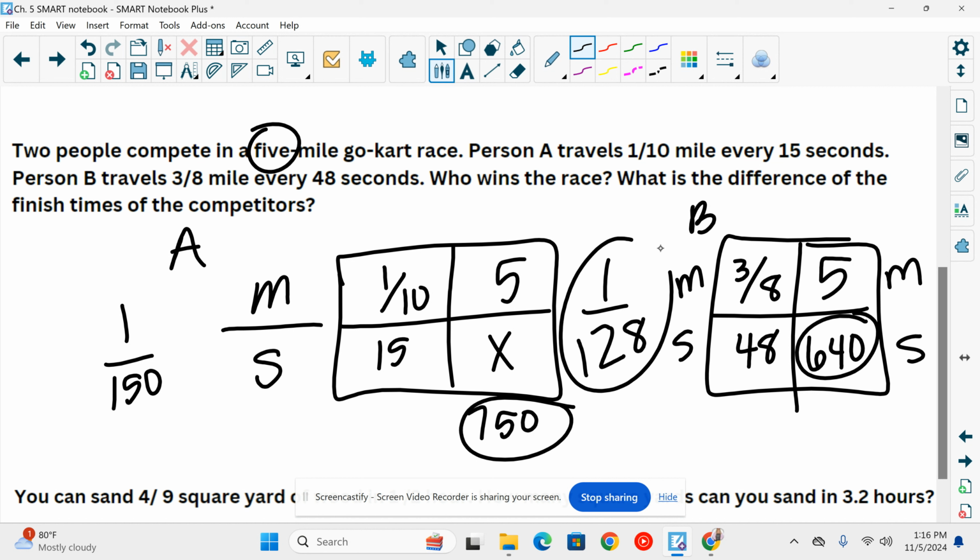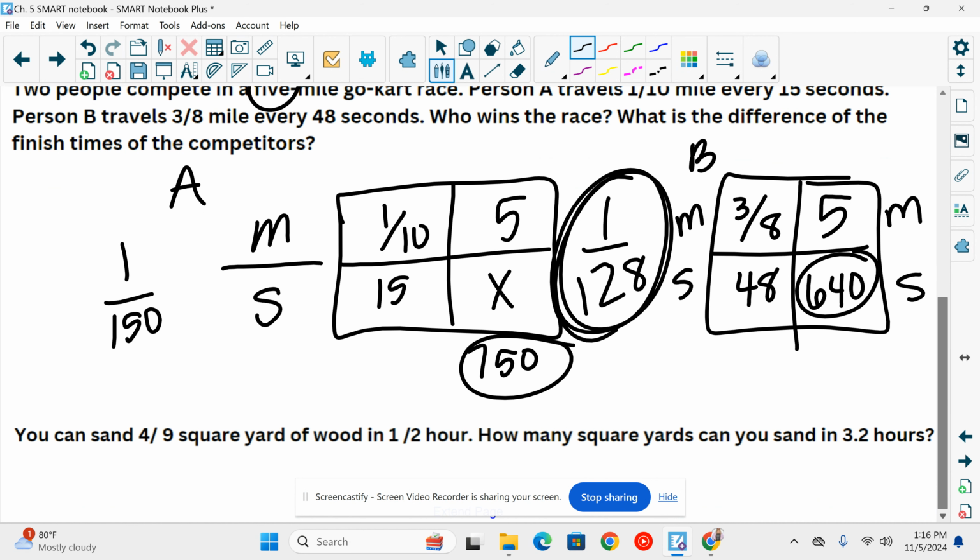So this fraction is actually bigger, meaning he's going to cover more distance in the same amount of time. Okay? So person B. And then your second one, you should have gotten 5/72.